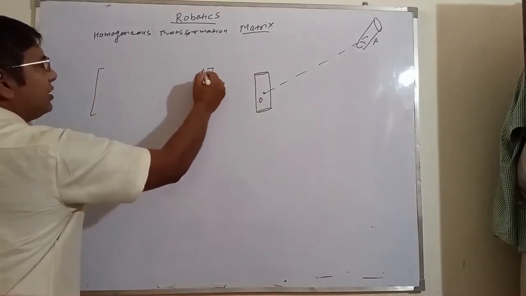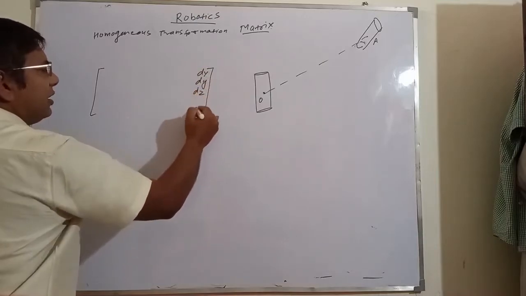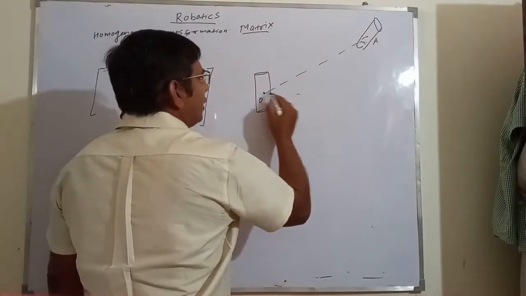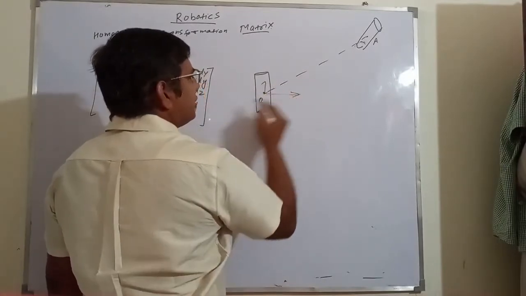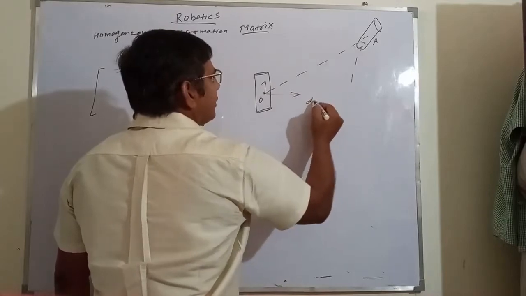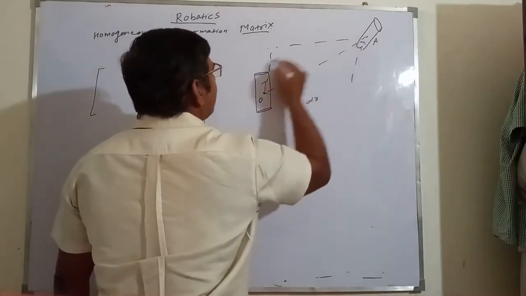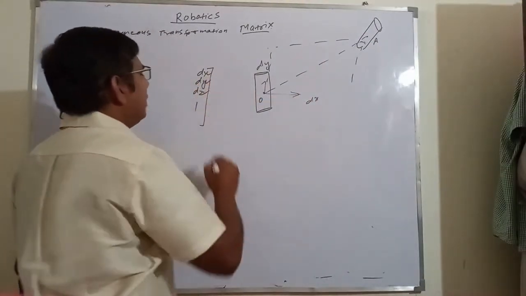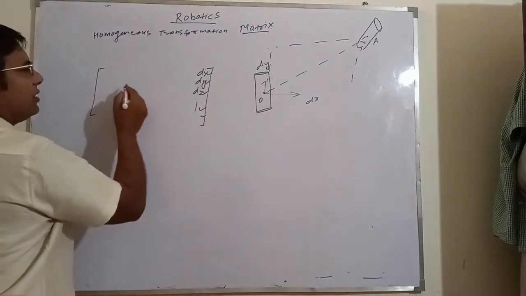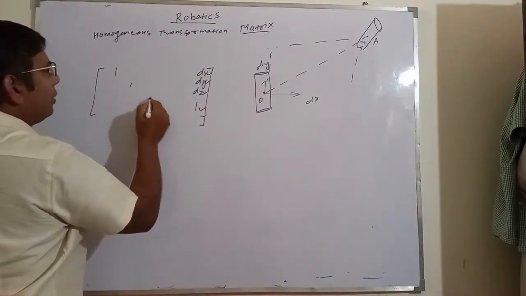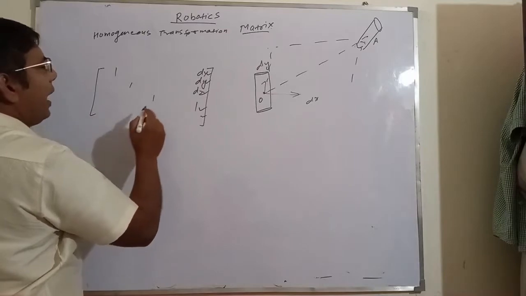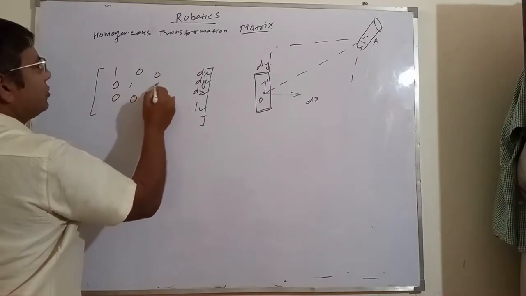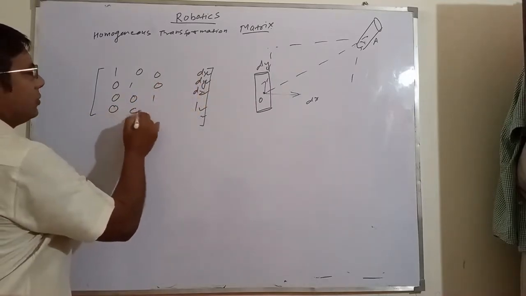Here it is dx, dy, dz, then 1, because if its coordinate is changing, with x, y and z axes, then dx, dy, dz will be in the last column. The diagonal entries are 1, 1, 1, 1, and the bottom row is 0, 0, 0.